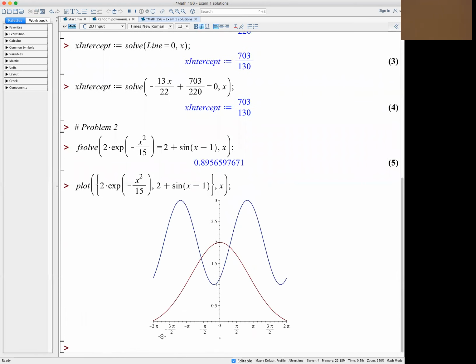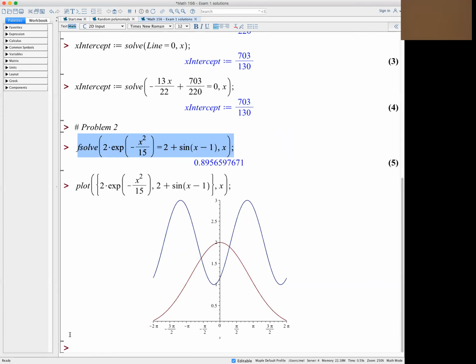Now, when I plot it like this, I can see there are two solutions. There are 2 points. So the blue curve is the sine curve. The red curve is this exponential. They cross at 2 places. This only gave me 1 place. So I have to find out where is the second point of intersection for what value of x at least.